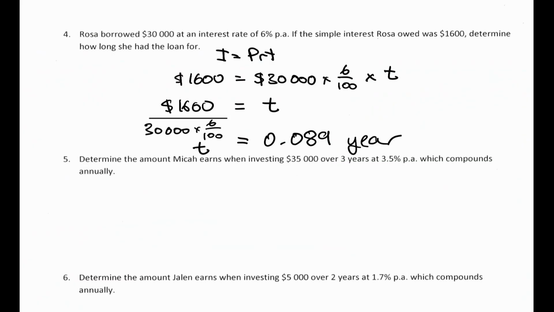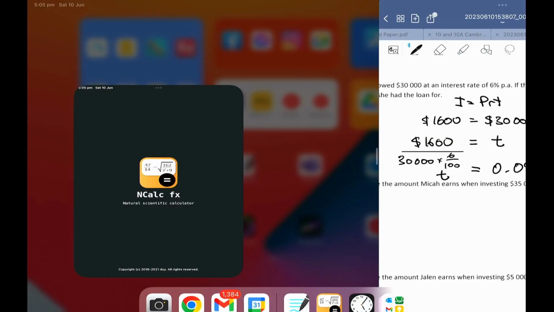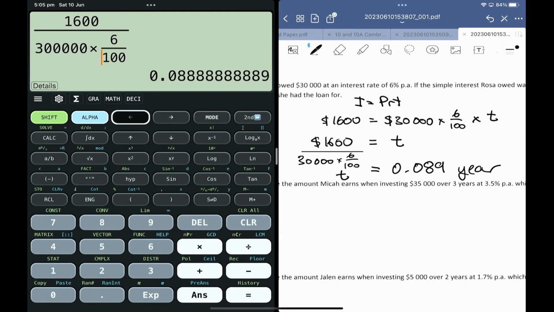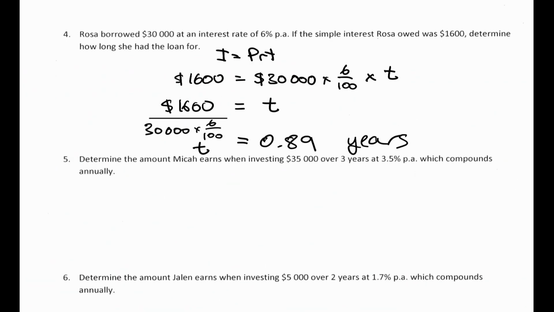So it didn't hold the loan for very long at all. Did I put an extra zero in there? Yes, I did. I did 300,000, not 30,000. There we go. That looks better. So it is 0.89 years. So less than a year.